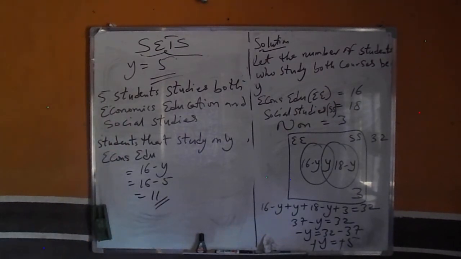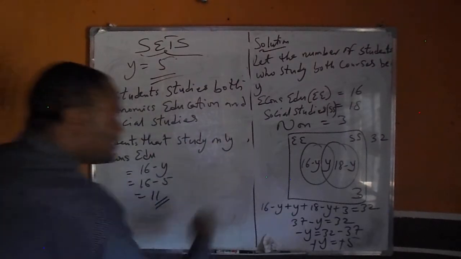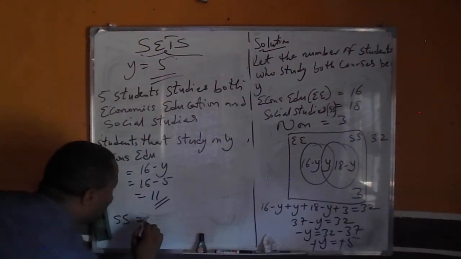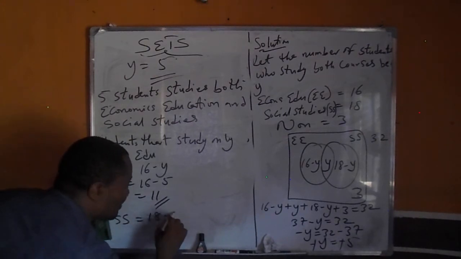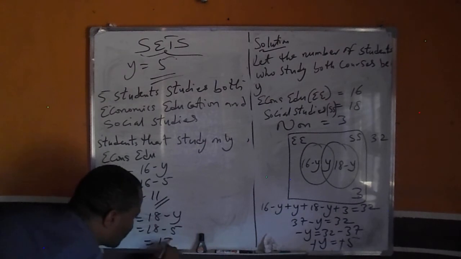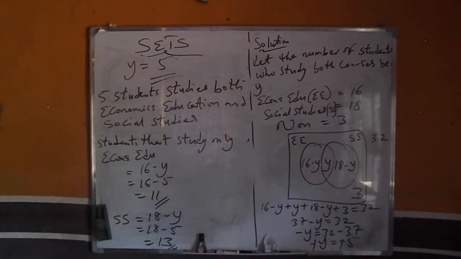That means 11 students study only economics education. How many study social study? You now say social study equals to 18 minus y, which equals to 18 minus 5, which equals to 13. That means 13 students study only social studies.